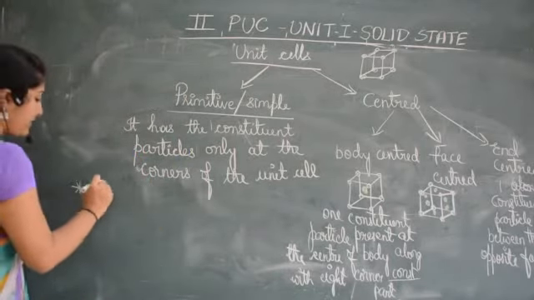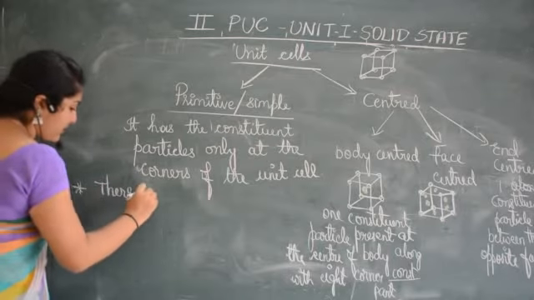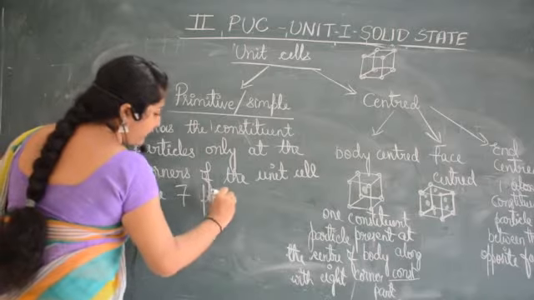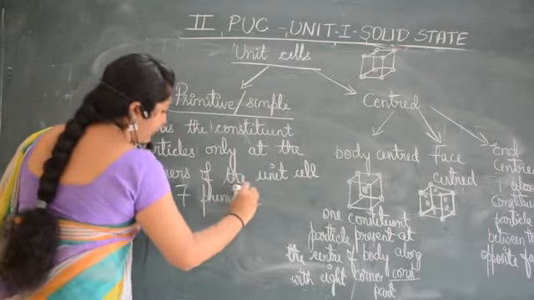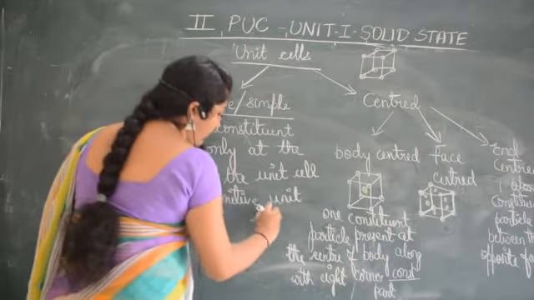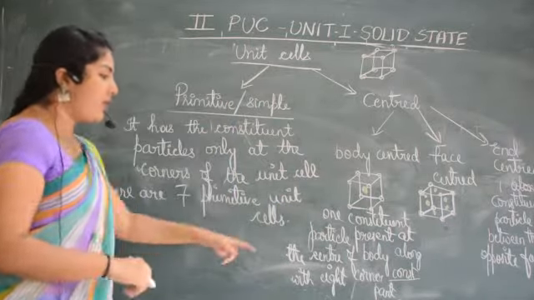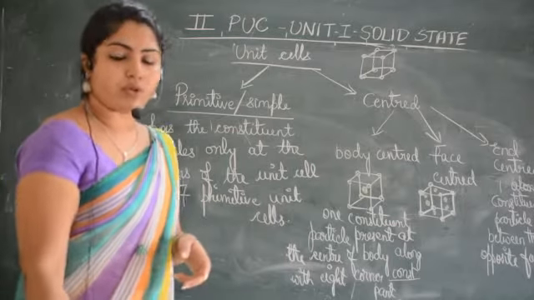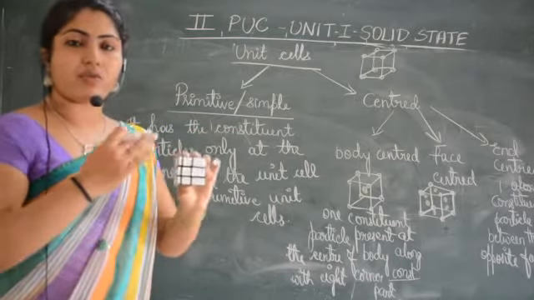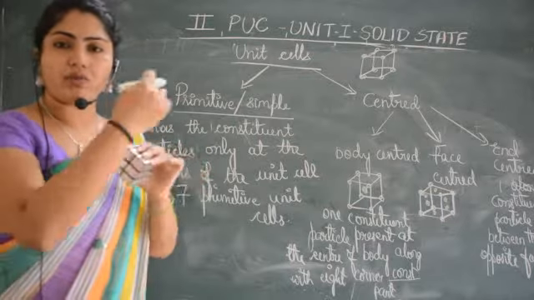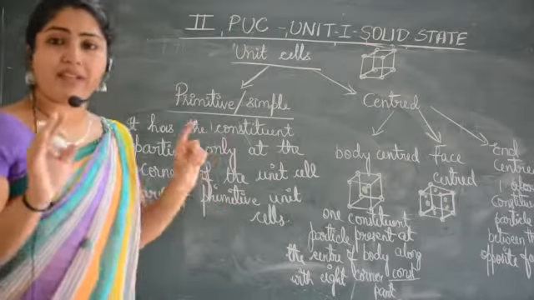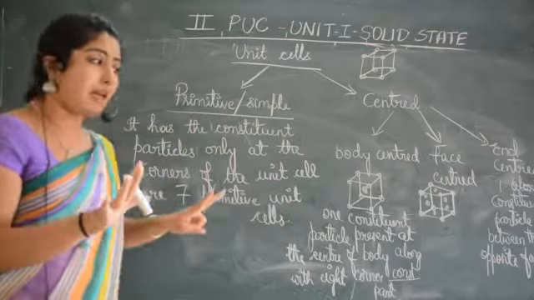There are 7 primitive unit cells. So now you have an idea, no? What is a unit cell? Unit cell is the smallest portion of the crystal lattice, which when repeated in all the direction gives the entire crystal lattice. So such unit cells, we have 7 primitive unit cells we have.